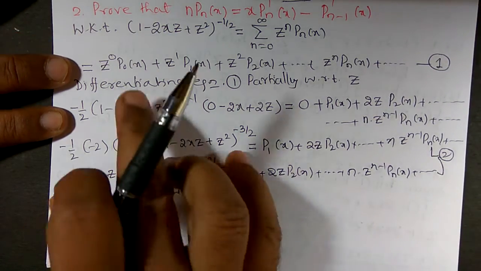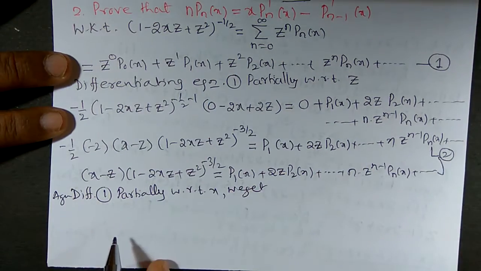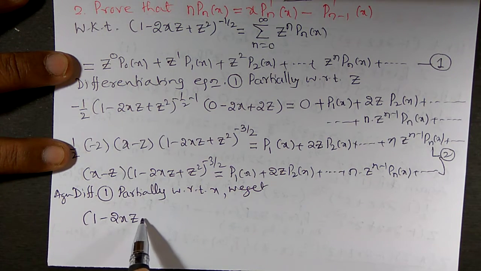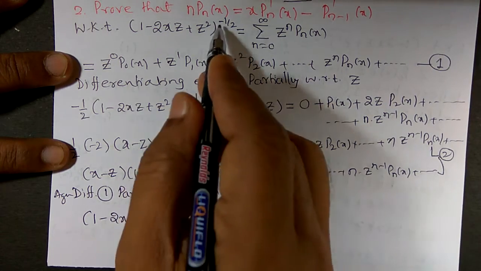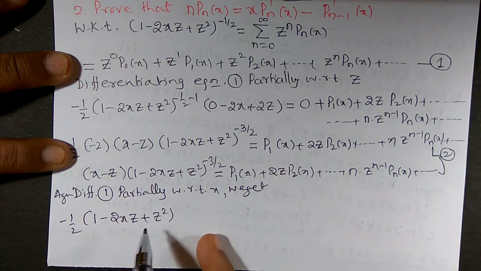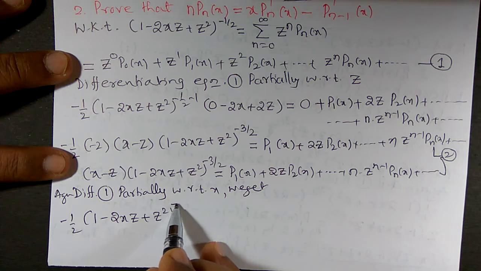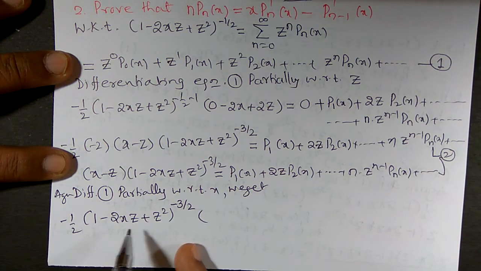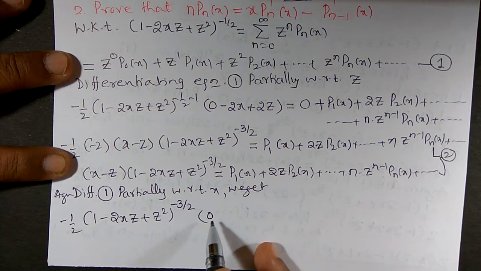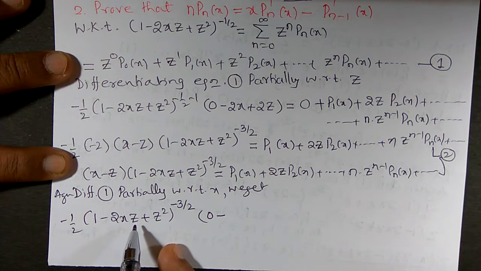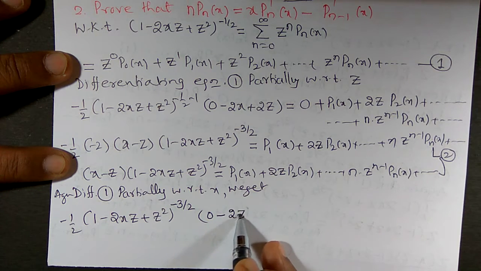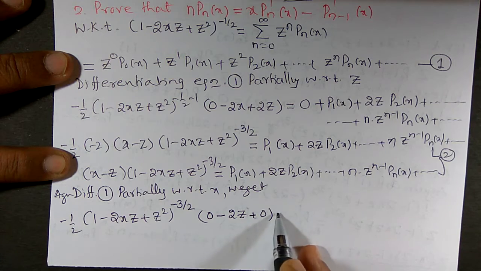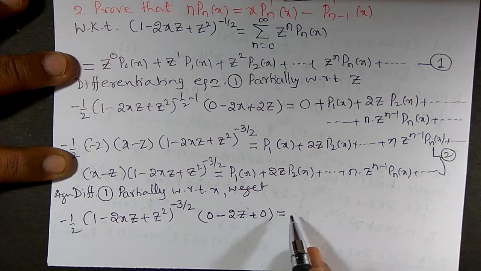I am going to differentiate this equation, (1 minus 2xz plus z squared) raised to minus 1 by 2. So it is n into x raised to n minus 1, and you will get minus 3 by 2 into the derivative of this with respect to x, treating z as a constant. Derivative of 1 is 0. Derivative of minus 2xz with respect to x: 2z is constant, x with respect to x is 1, and the derivative of z squared is 0.